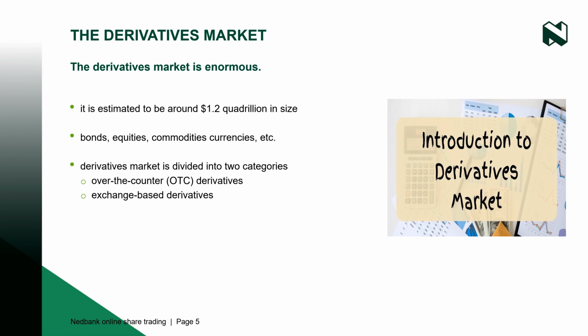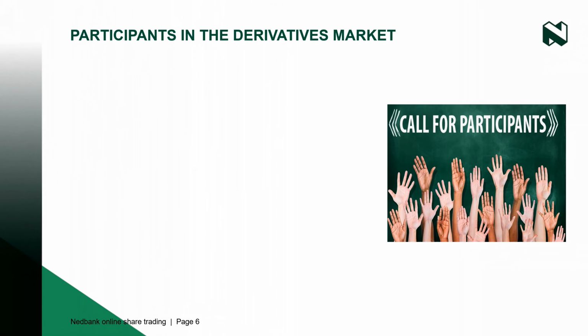Exchange-based derivatives are ones that are listed on exchanges, such as the South African Futures Exchange, or SAFEX. Clients such as commercial banks, hedge funds, and government-sponsored enterprises frequently buy OTC derivatives from the investment banks. It is common for large institutional investors to use OTC derivatives and for smaller individual investors to use exchange-based derivatives for trades. Let us now discuss the participants in the derivatives market.